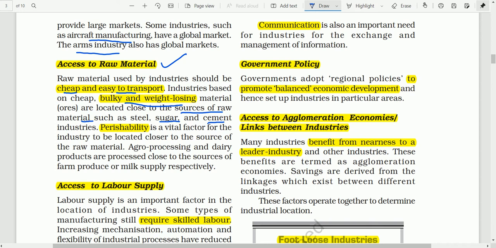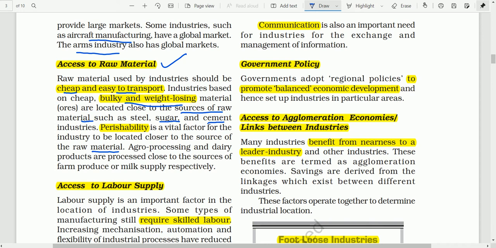Okay, so if the commodity is highly perishable, then it will be located nearby the source of the raw material.